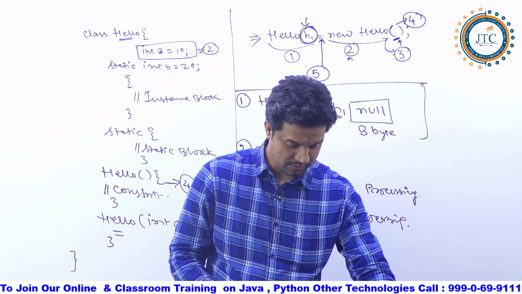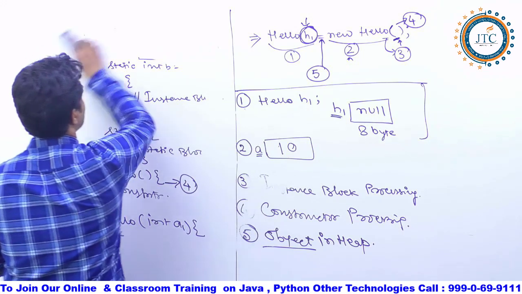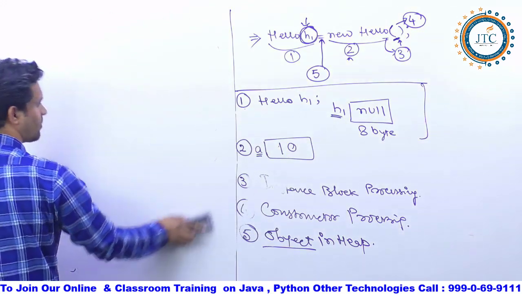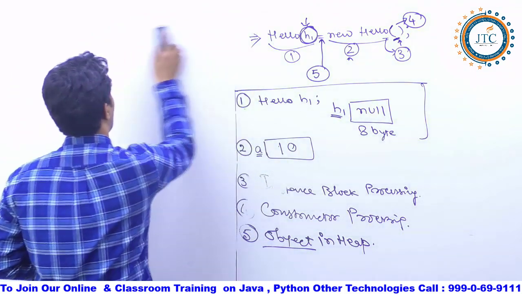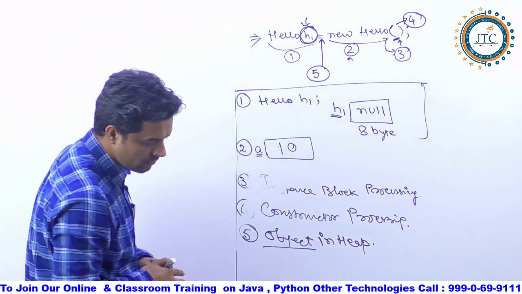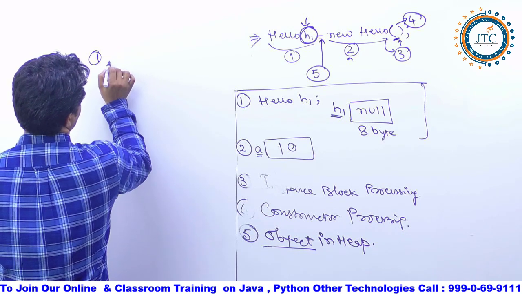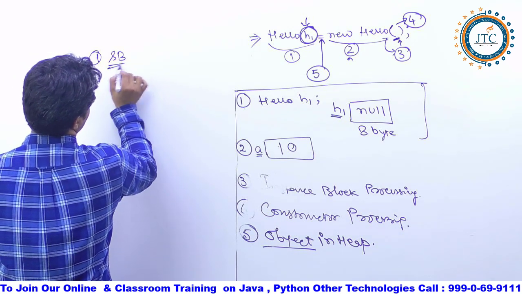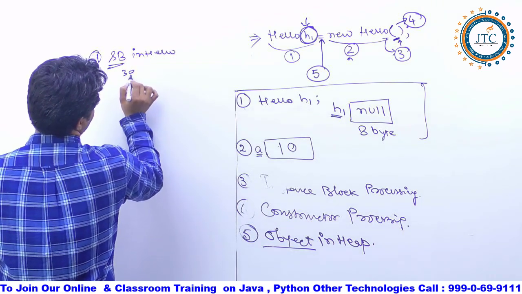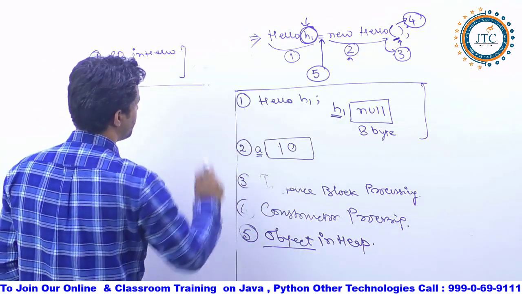The output we have got is, first, SB in hello, and again it is printing 30. Okay, that is a different concept.